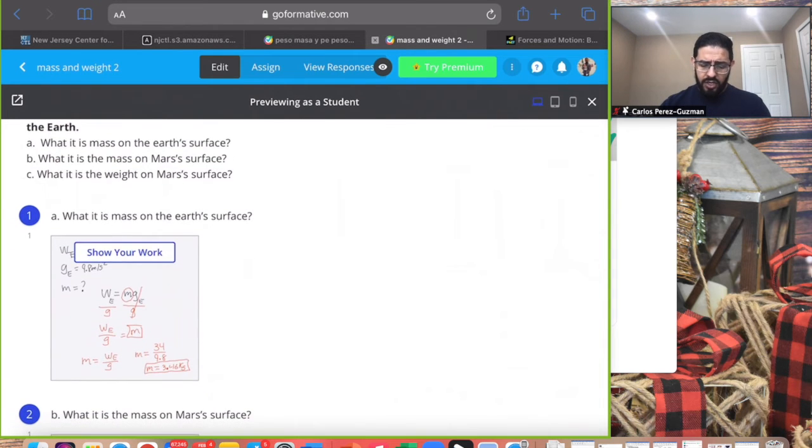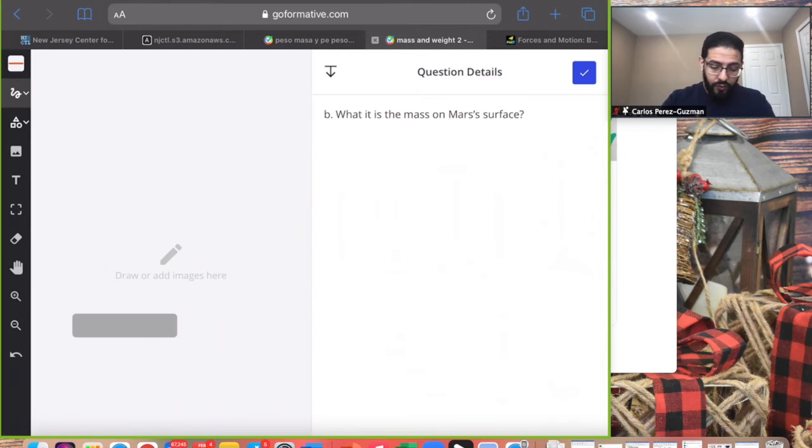Part B, they want to know what is the mass on Mars. Most of the students will try to find the mass, but you need to remember the concept: if we know the mass of an object on one planet, it's going to be the mass of the object on every single planet. Since the mass is a property of the object, the mass doesn't change, it's going to be the same. If we want to know the mass of the object on the surface of Mars, we only need to write the answer.